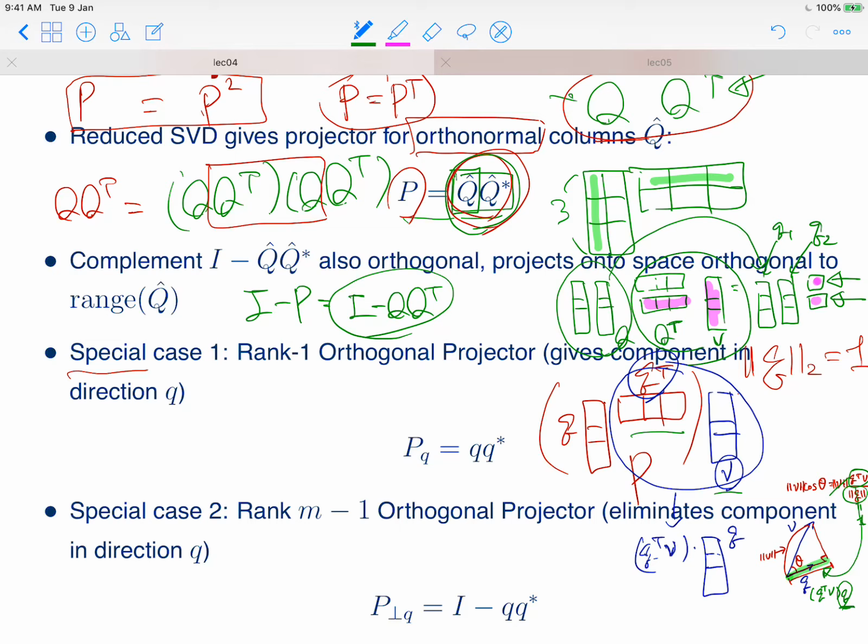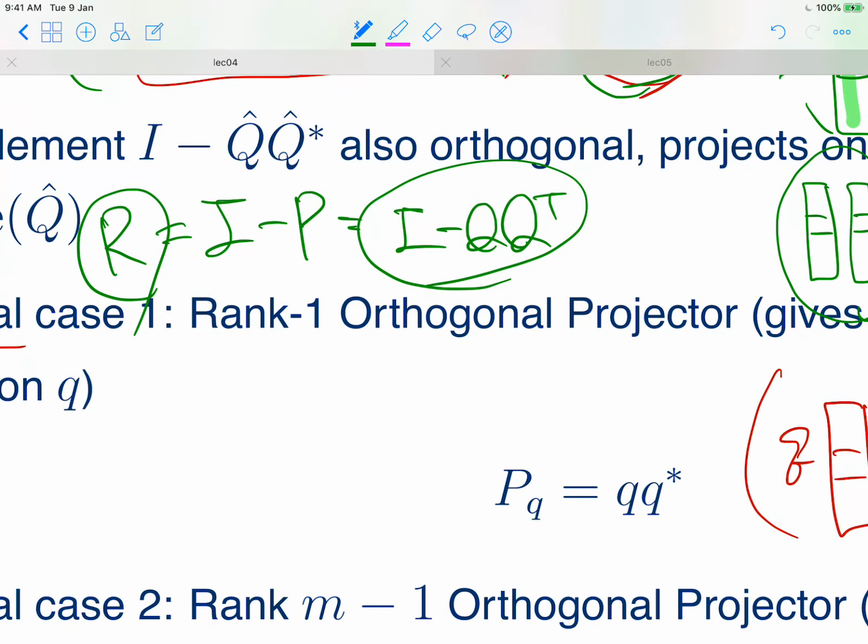Because if we compute this guy, let's call it R, for example, then R times R is equal to R, and R transpose is also the same as R. So that way, this I minus P is also the orthogonal projection, right?